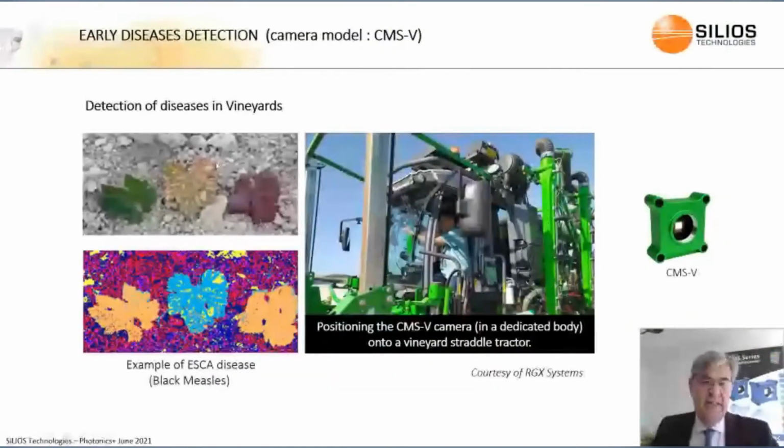Another application, also in agriculture, but now with a smaller camera, the CMS4. The customer made his own enclosure. It's to detect disease on a vineyard. Here is the example of esca disease, which is black measles in English. Sorry, sometimes I use French words. And you see, even on the dead leaf, let's say there is a live leaf, an infected leaf, and a dead leaf.